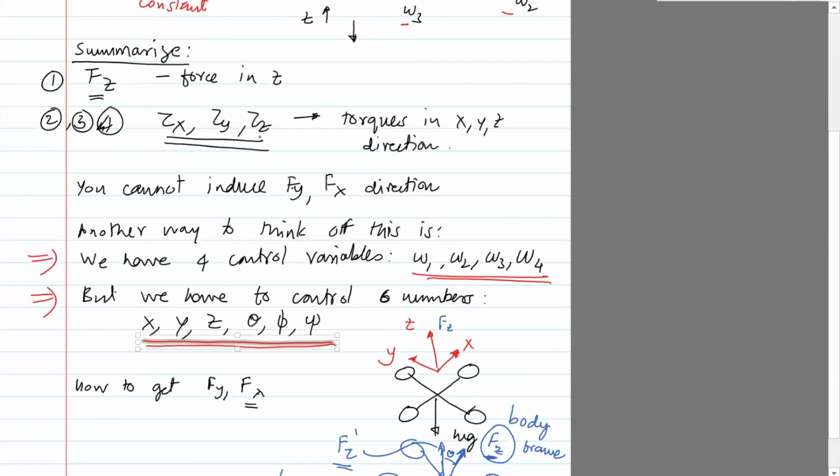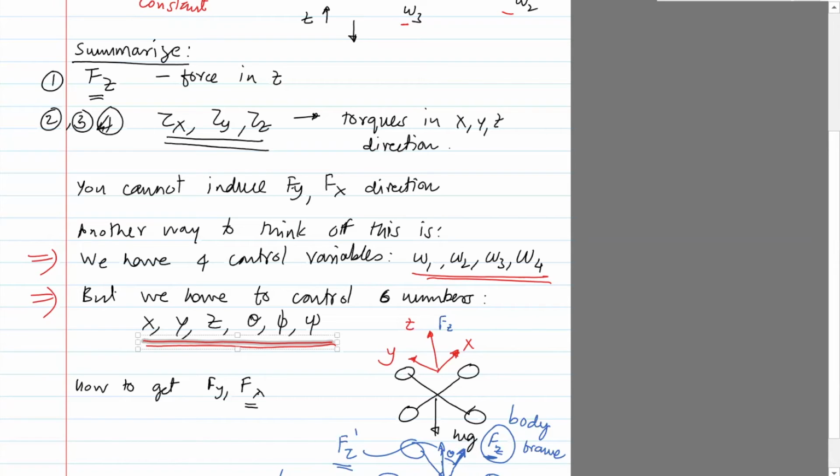In order to control the x and y positions and velocities, which are clearly not part of these forces, you first have to tilt the quadcopter by applying a torque. Then Fz comes out at an angle, which means it can now influence the force in the X and Y direction. So this is the theory, but let's now look at how to derive the equations for the quadcopter.